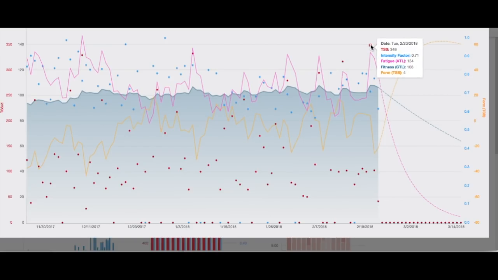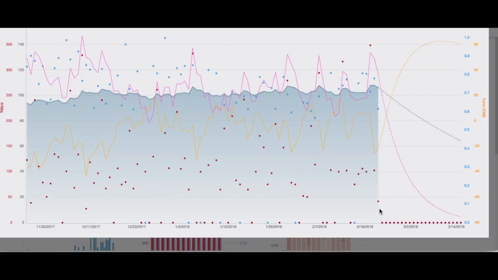This one just 2 days ago was 348. The one today, which was the recovery workout, was 42. Those add up, and the TrainingPeaks algorithm helps create these other terms: the acute training load, the ATL, the chronic training load, and the form, or the training stress balance, which is what TSB stands for.